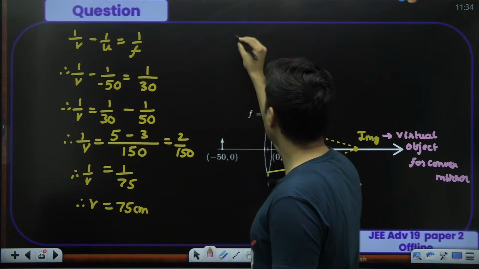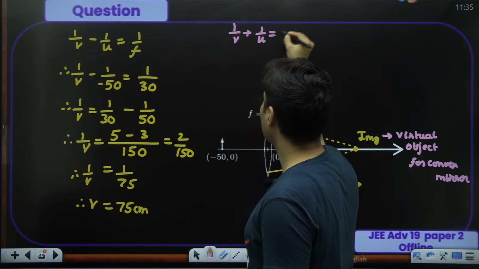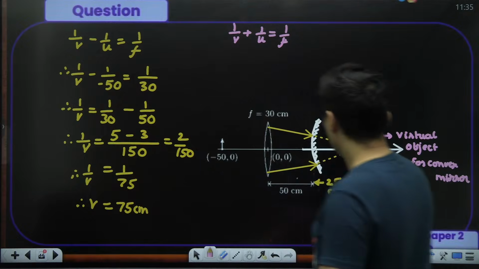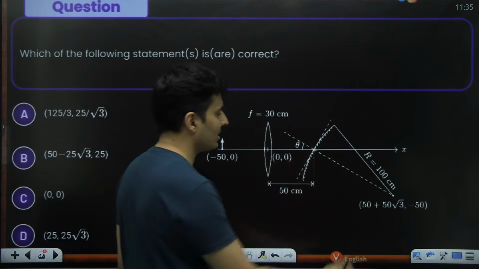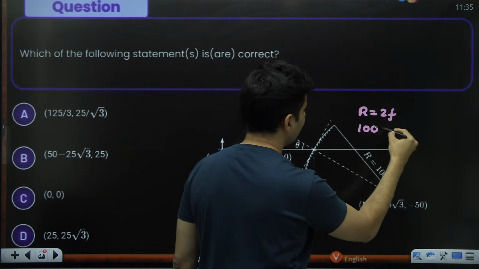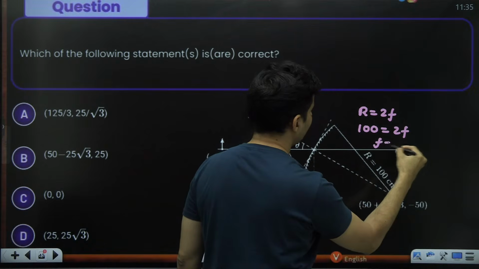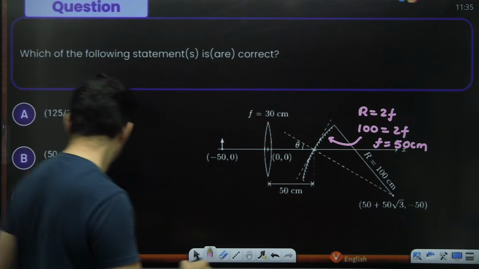Using the mirror formula, 1/v plus 1/u is 1/f. I think the radius of curvature was given. Radius of curvature was 100. So R is basically 2F, 100 is 2F, so F is 50 centimeters for this particular mirror.